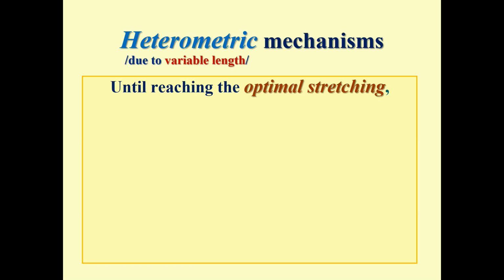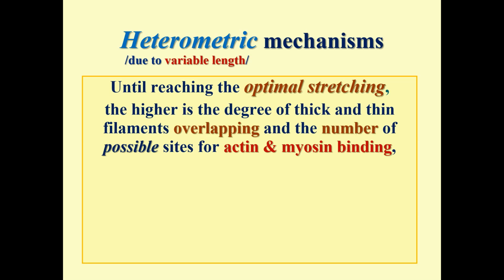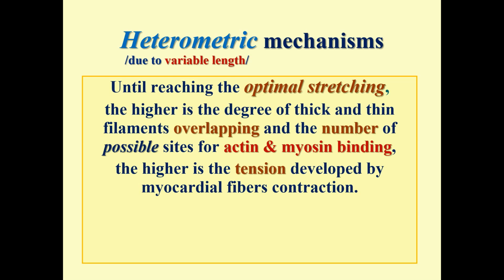And until the moment we reach this optimal stretching, this force increases and increases. Practically, it occurs due to a higher degree of the overlapping, so that number of possible sites for actin myosin filaments binding increases. And tension becomes higher. Tension here means practically the force of contraction.